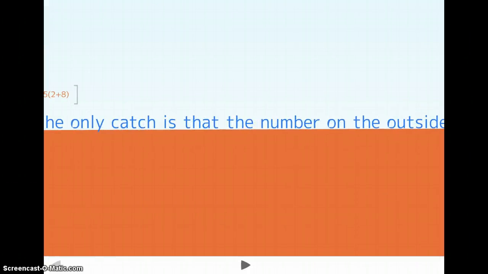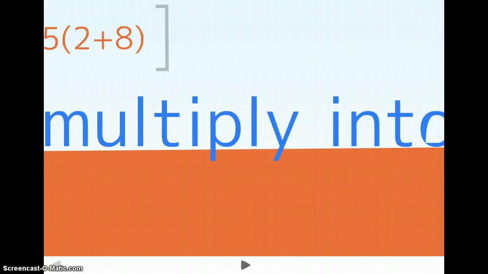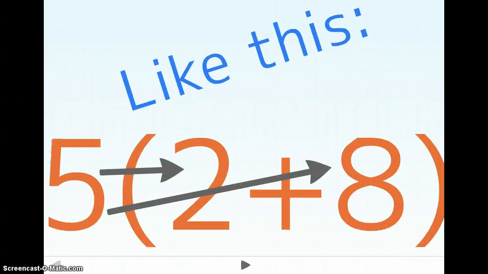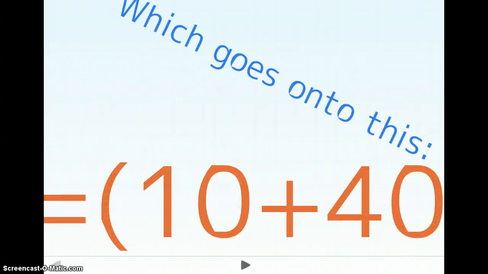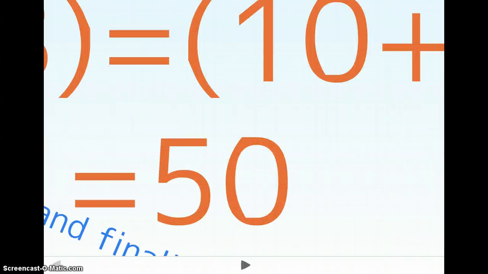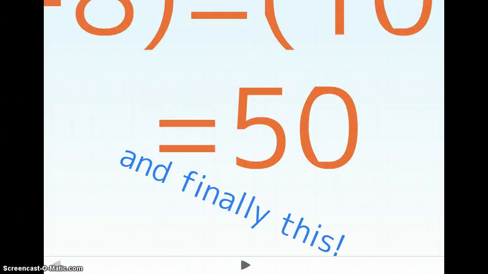The only catch is that the number on the outside must multiply into all the numbers inside at the same time. Like this. Which goes on to this. And finally this.